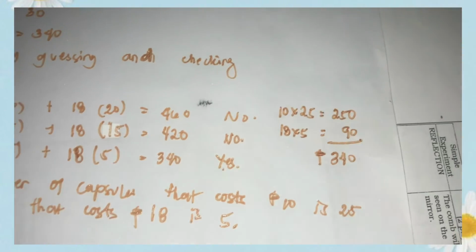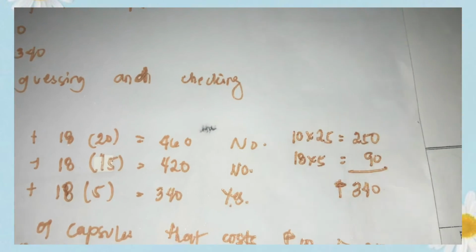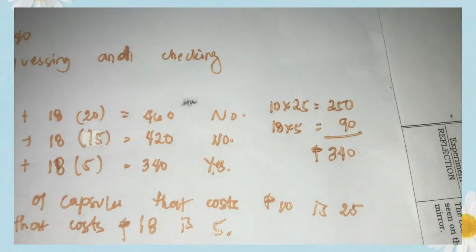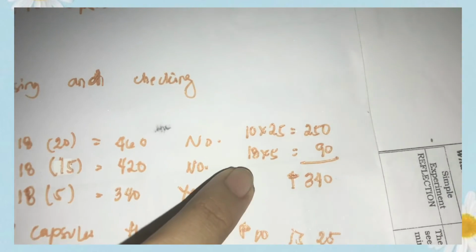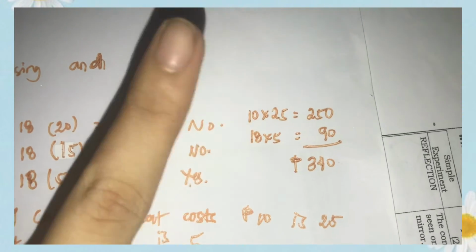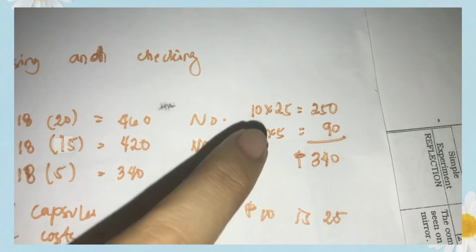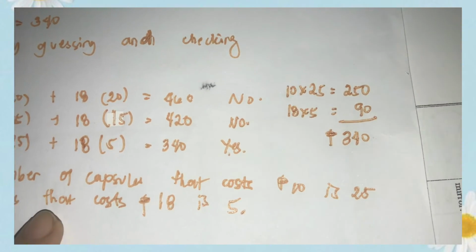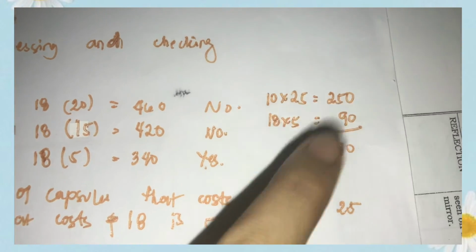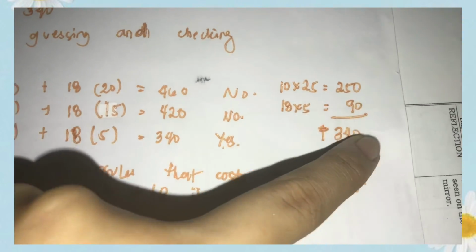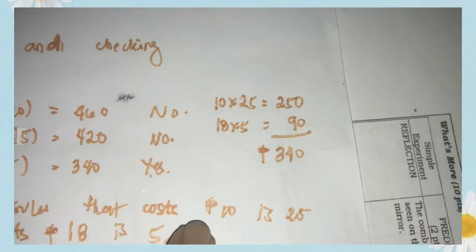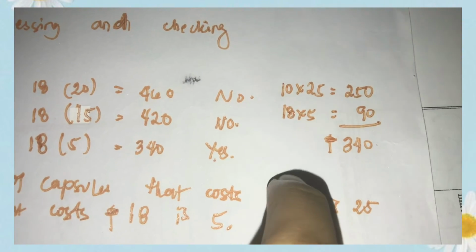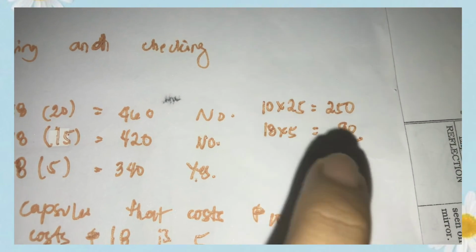So basically, for the 10 pesos multivitamin capsules, she needs to buy 25 capsules. And for the 18 pesos multivitamin capsules, she needs to buy 5 capsules, so that it will match, or fit, her money, which amounts to 340 pesos.